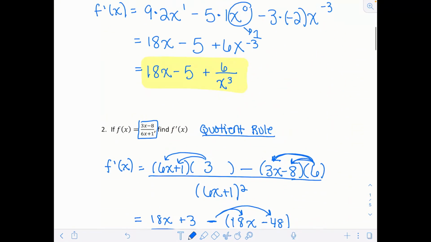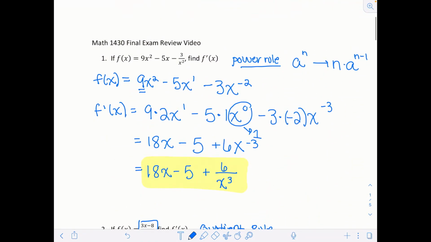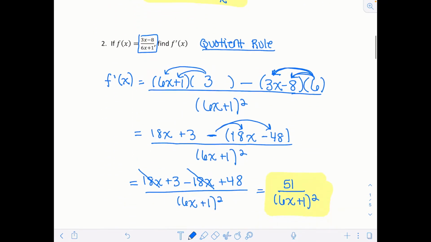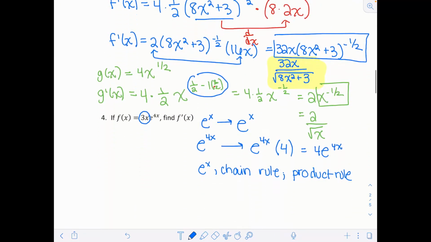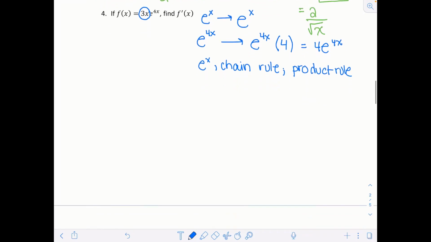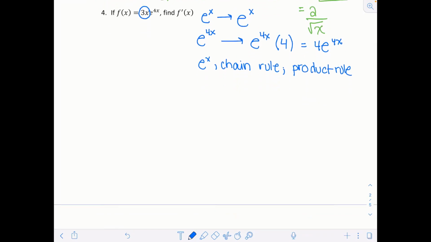Going up to number 1 as well, same thing here, there were a lot of coefficients. So that's just a 9 in the front. This is just a 5 in the front. And so the derivative rule is basically that if there's a coefficient in the front, you can just leave that alone and then multiply it by the derivative you find.